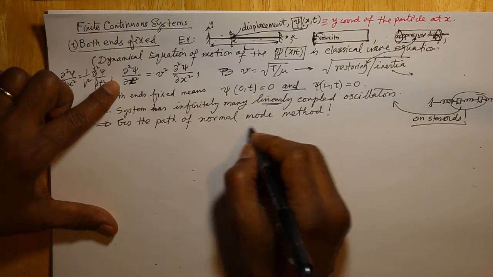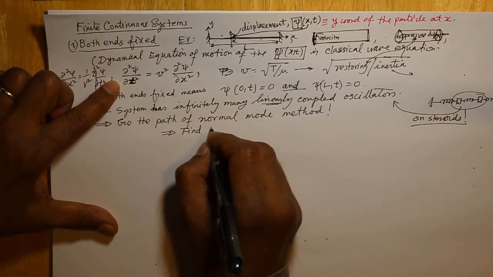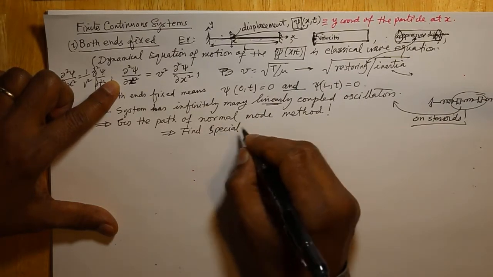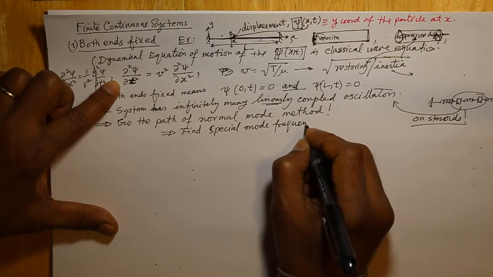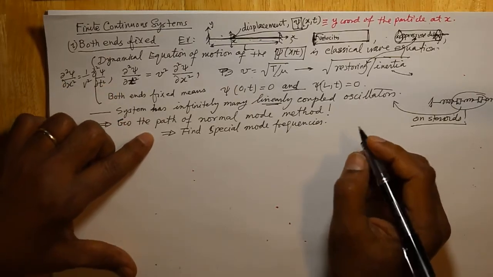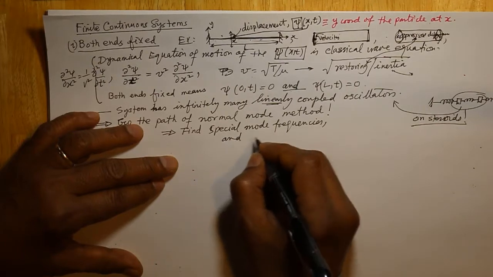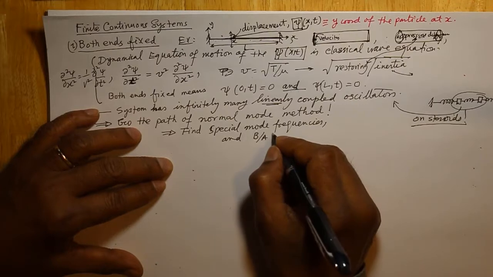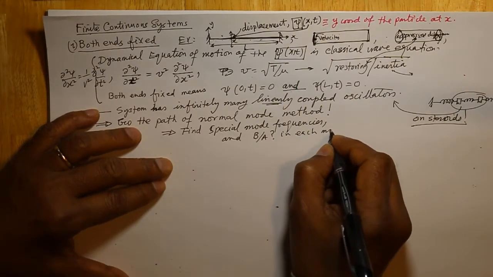So that means we find the special mode frequencies and the analog of B over A in each mode.